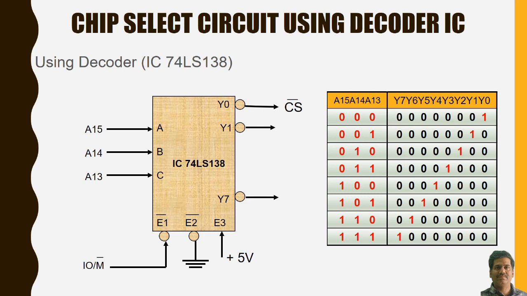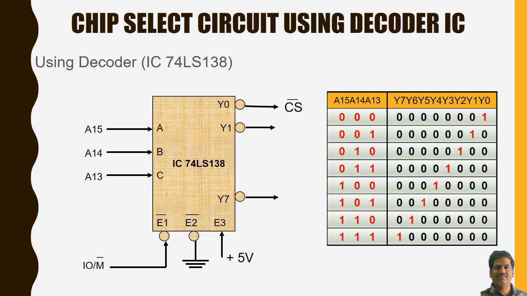Whenever the input ABC across this decoder is 000, Y0 is selected as shown in the chart. When it is 001, then Y1 is selected. When it is 010, Y2 is selected, and so on. And when inputs ABC are 111, Y7 is selected.